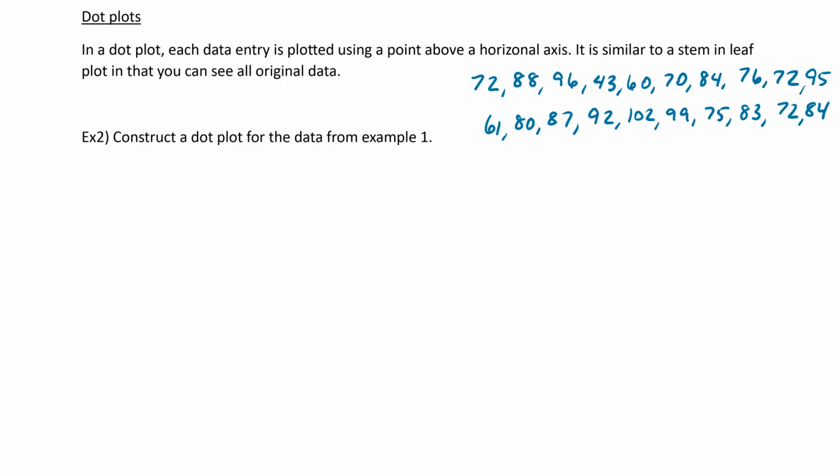So again, remember the minimum that we saw was a 43. The highest that we saw was a 102. So we're going to start off by essentially just doing a horizontal line that we're going to be able to fit all of these numbers into. All right? So we don't necessarily have to start it at 0.